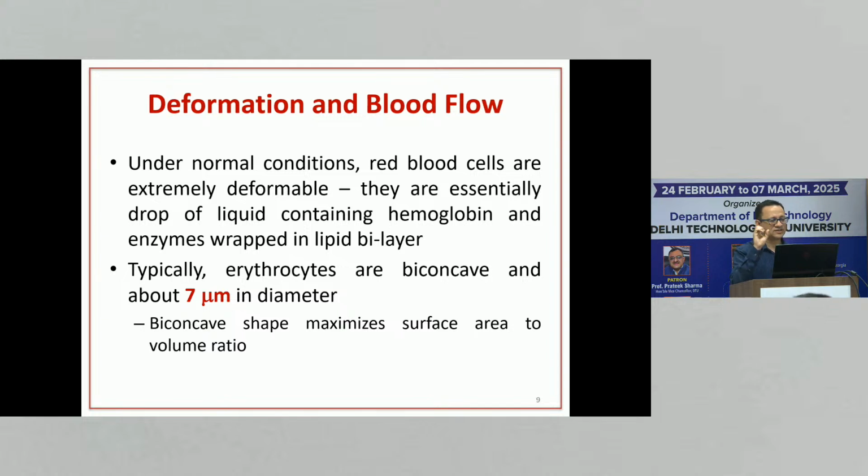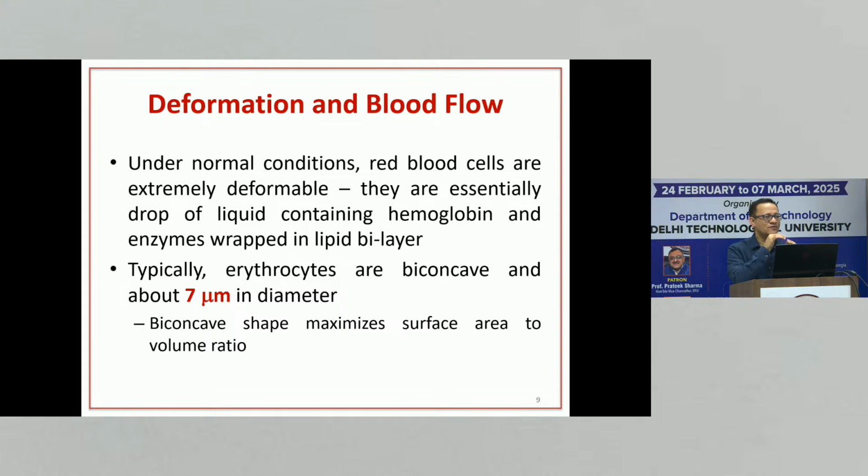The shape of these red blood cells is biconcave, and they are 7 micron in size. This shape is very special because it has the maximum surface area to volume ratio, and red blood cells are extremely deformable, which they should be.